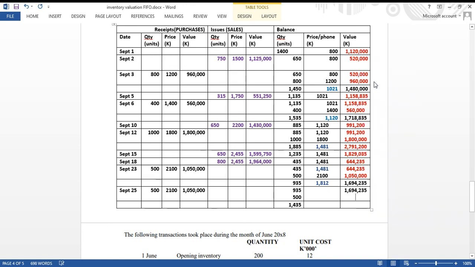What value do we get? 1,694,235 plus 1,050,000. We get 2,744,235.